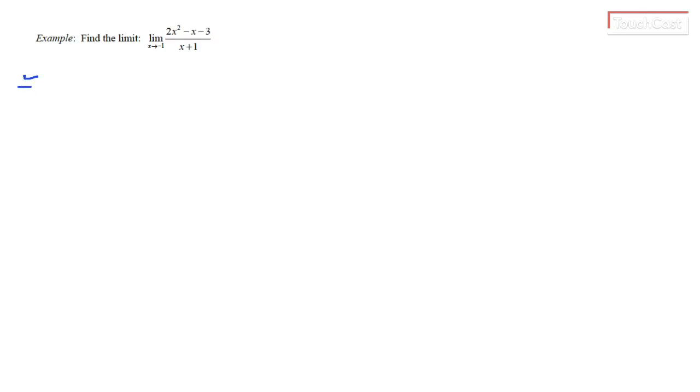This limit that I had is equal to the limit as x goes to -1. Some people skip the part where they write out that limit notation, but it's not legal to do that. You've changed the value if you stop writing the limit. So don't do that.